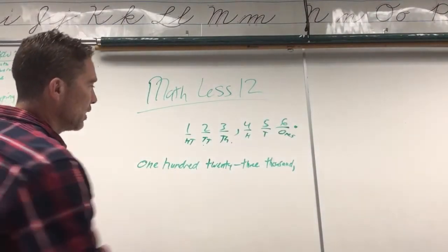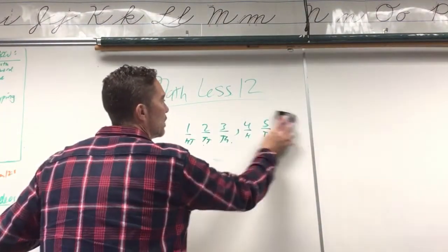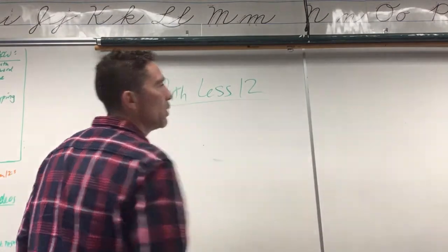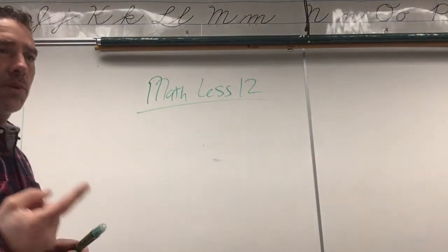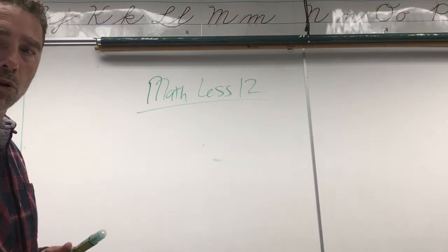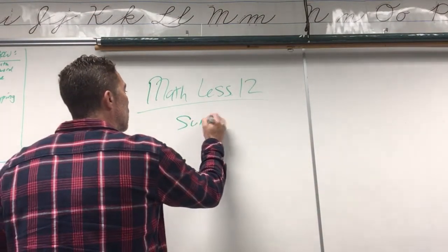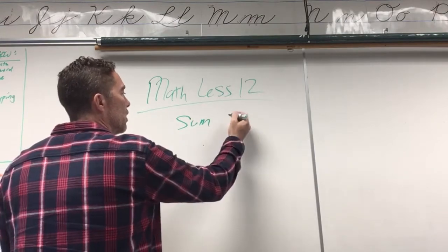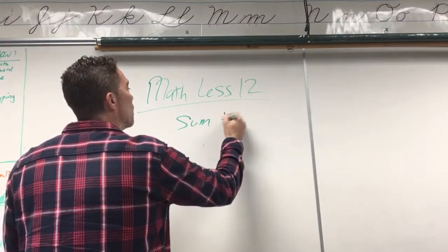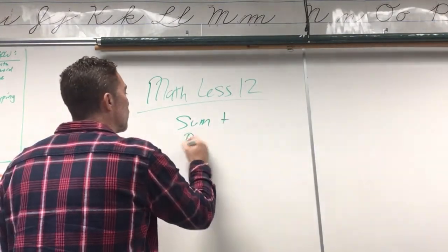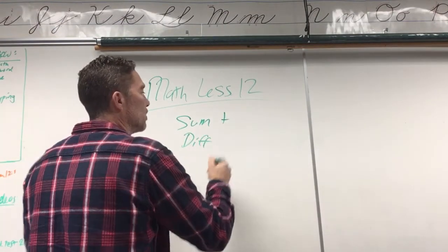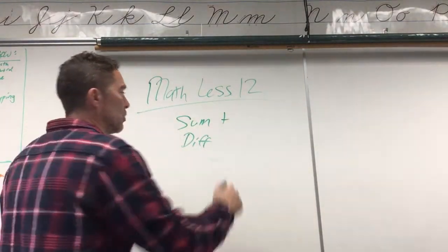The next thing that's talked about in the lesson 12, is the review that sum, difference, product, and quotient are all answers to different problems. Sum is the answer to an addition problem. Difference is the difference to a subtraction problem.